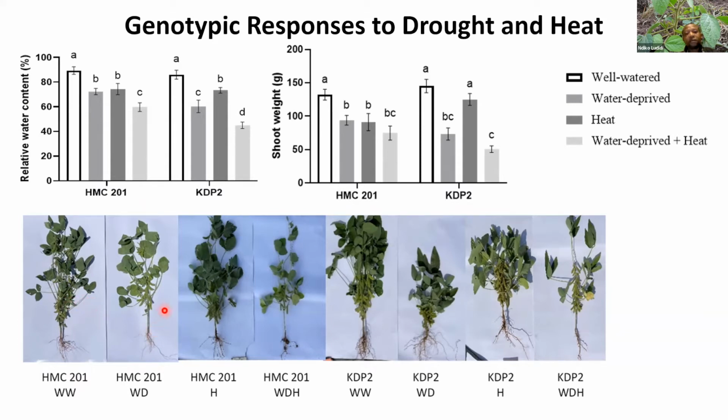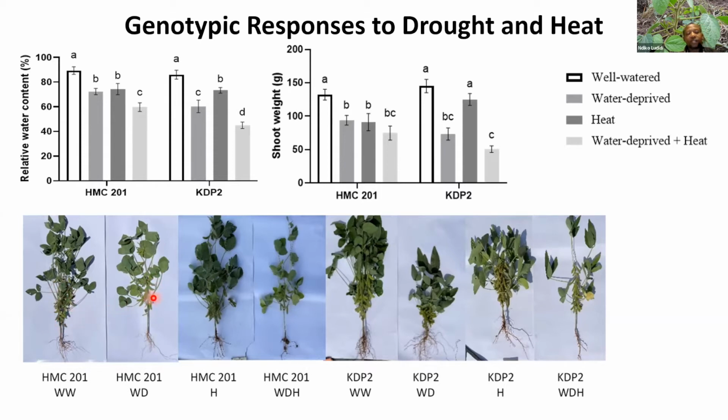But under water deficit stress, the plant is still happy because the leaves are not curling. You might not be able to see that here, but just visually, if you look at the number of pods, there are definitely fewer pods in this plant than in that one.